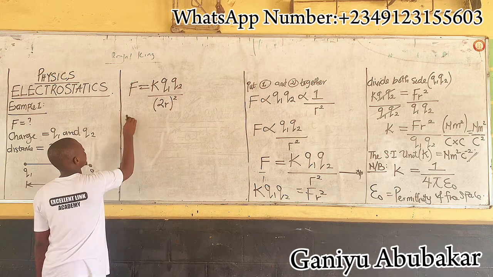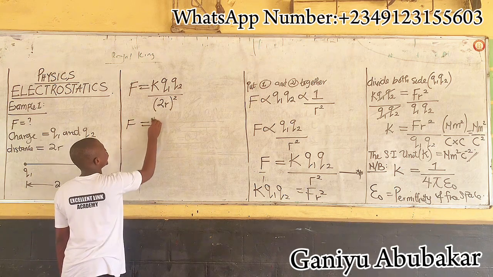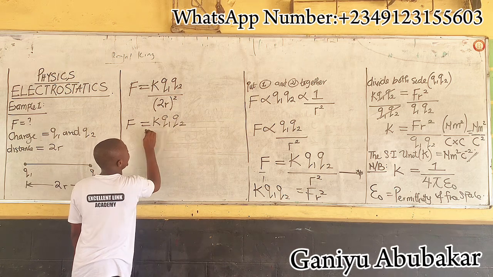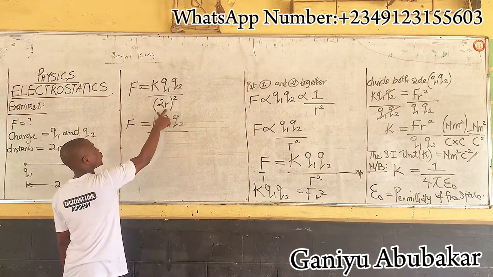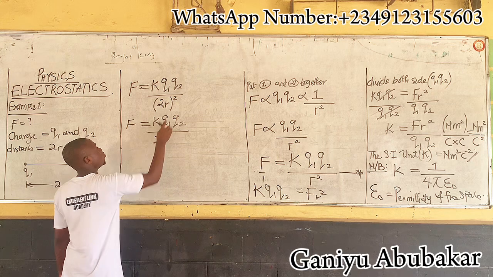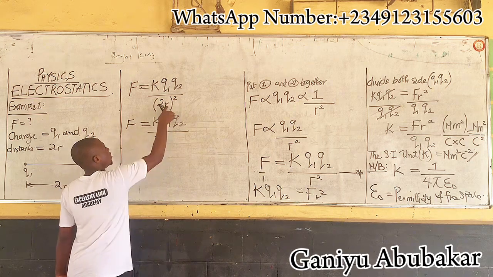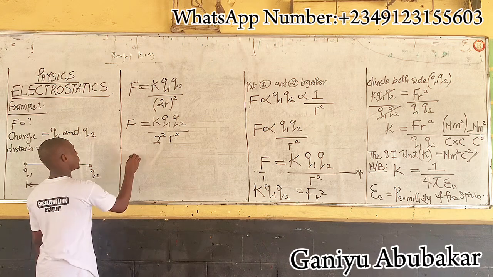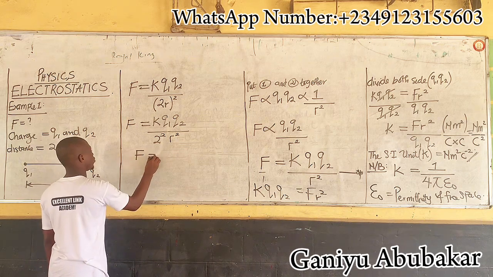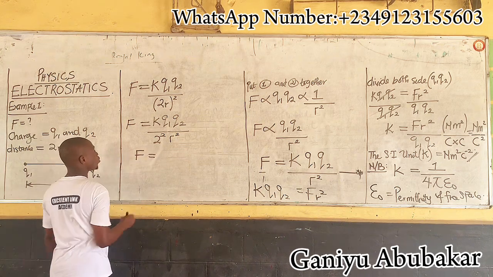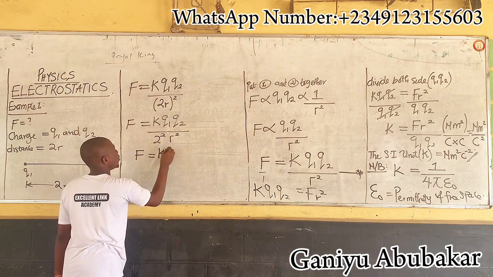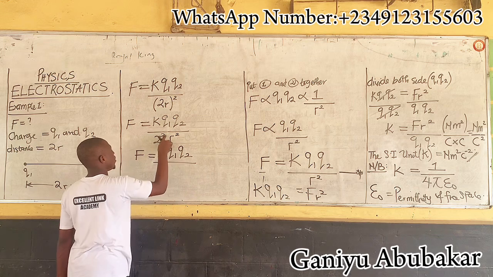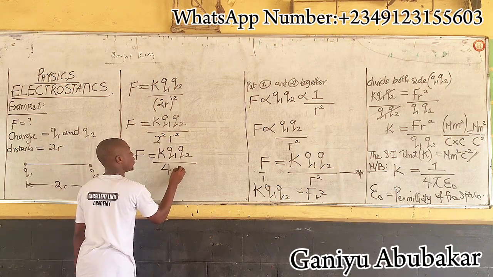From here, I'll have that F is equal to K Q1 Q2 all over, taking this to indices, 2 to the power 2, then r to the power 2. From here, the force of attraction that I'm looking for will be equal to K Q1 Q2 all over 2 squared, which is 4r squared.